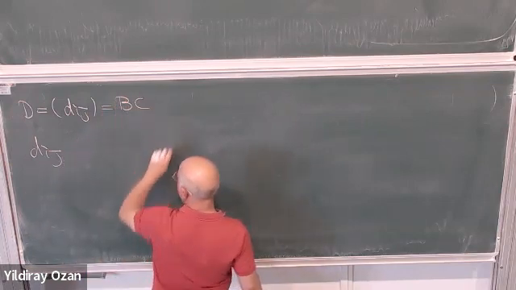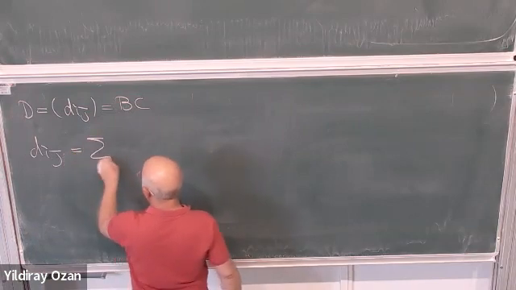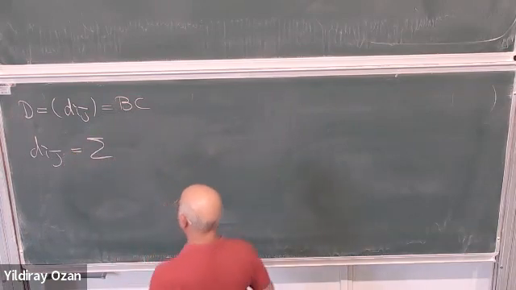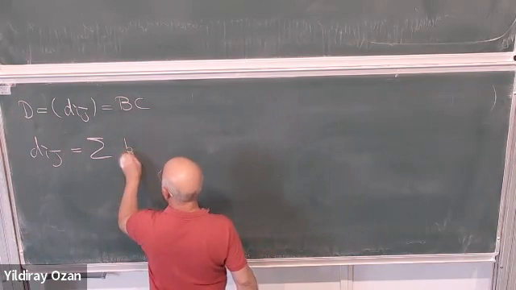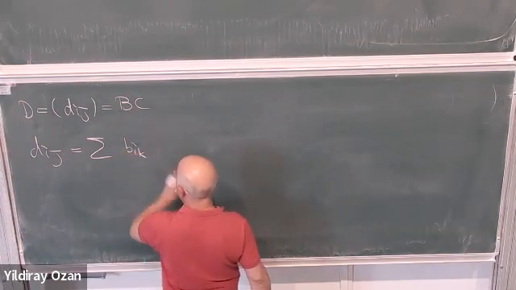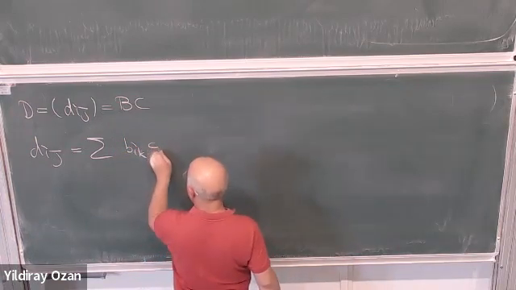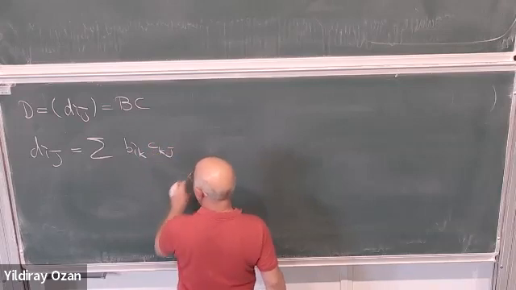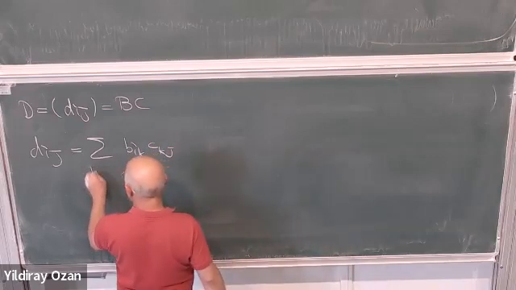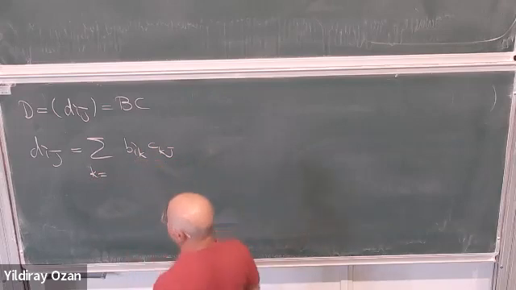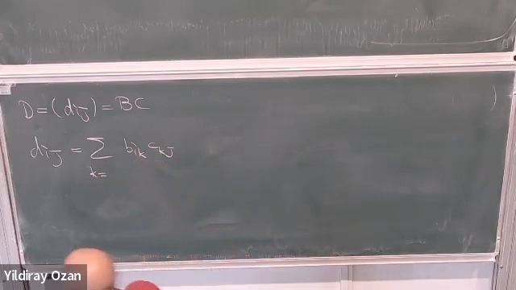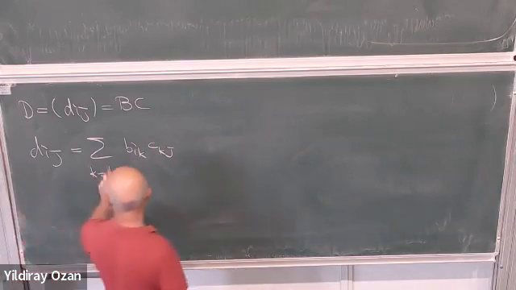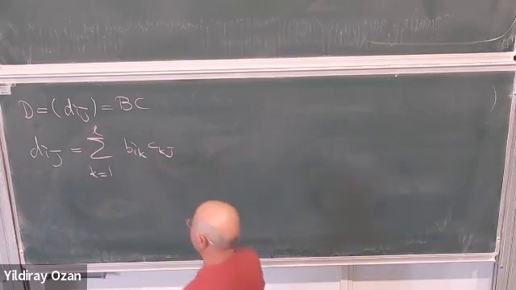So this should be the sum of Bik and Ckj, and k goes from where to where? The common index of B and C is just L, so from 1 up to L.